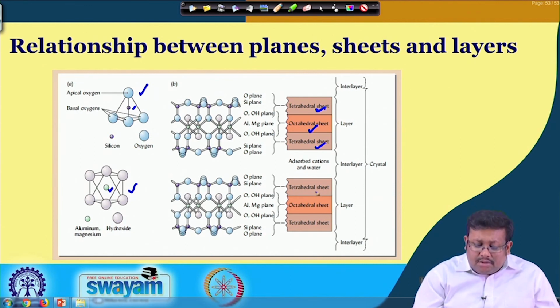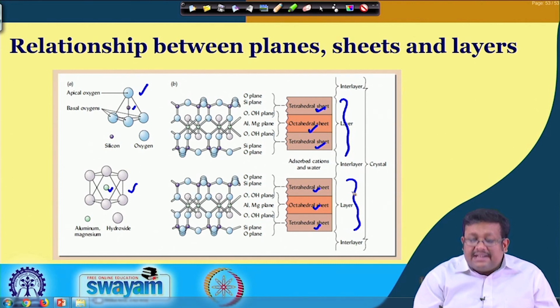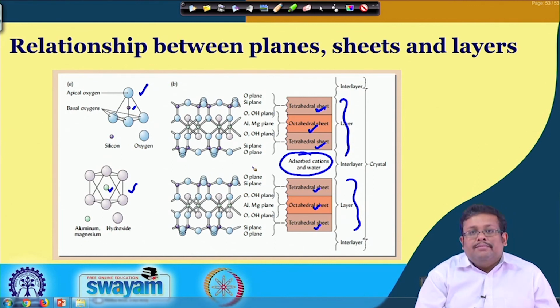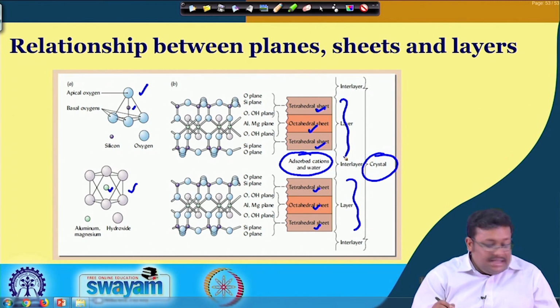So there is another repeating layer, and this is a layer and this is a layer, and in between these two layers is called the interlayer space, and this interlayer space is where different types of cations and water absorb, and the total summation of these interlayer spaces as well as these layer structures is called the crystal. So, a soil crystal is made of both these layers as well as these interlayer spaces.